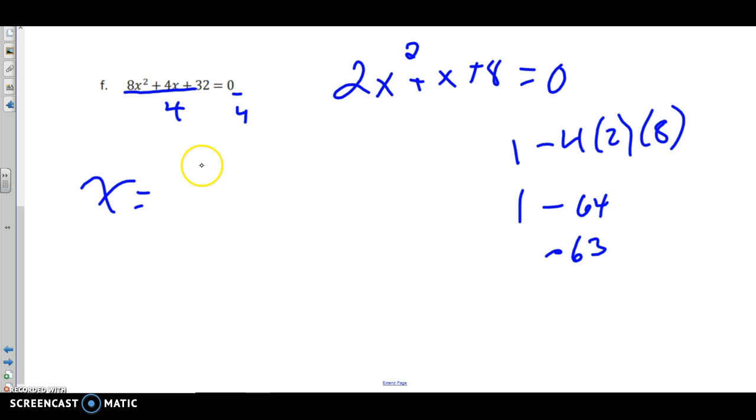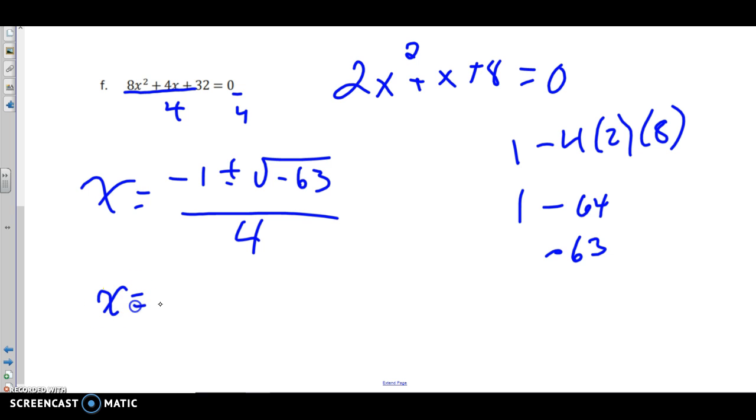Quadratic formula, x equals negative b. So negative 1 plus or minus the square root of negative 63 all over 2a, which is 4. Negative 63, I can simplify as it is 9 times 7, and 9 is a perfect square. Negative 1 plus or minus 3i radical 7 all over 4. 1, 3, and 4 are not divisible by any number other than 1.